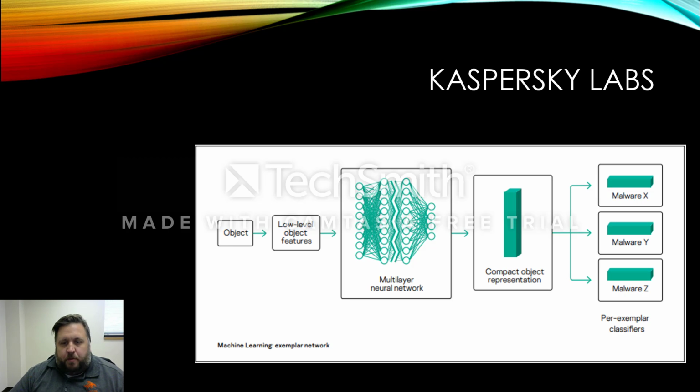And so from the output of here, it's able to go, well, is it this type of malware? Is it this type of malware? Is this type? So this model is really used for determining what kind of malware it is and not just, yes, it's malware or no, it's not malware.